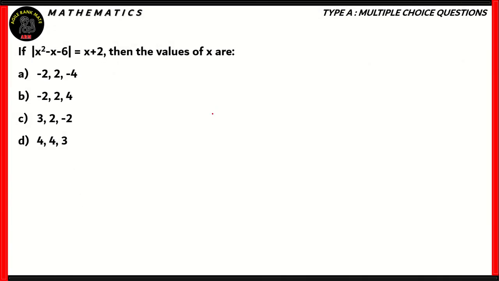Now let's look at the final question. The final question goes, if modulus of x squared minus x minus 6 is x plus 2, we need to find the values of x. If this is what the modulus equation is, then basically we would have two cases.